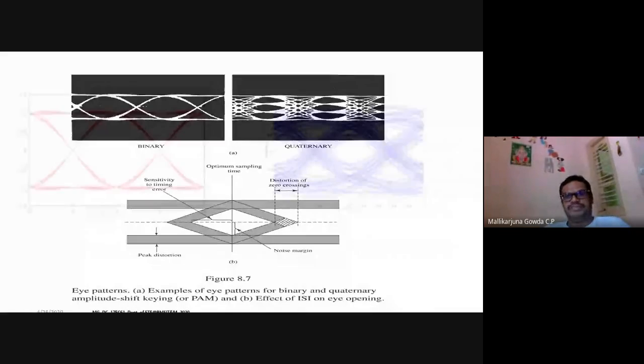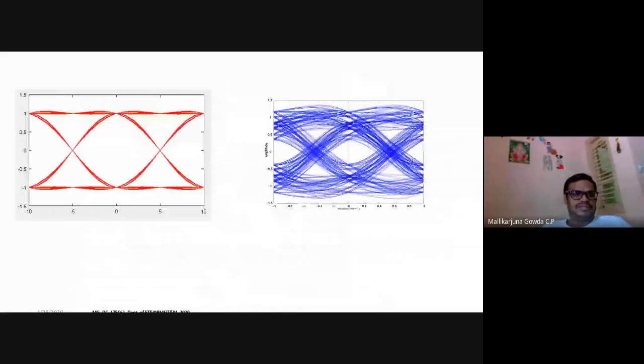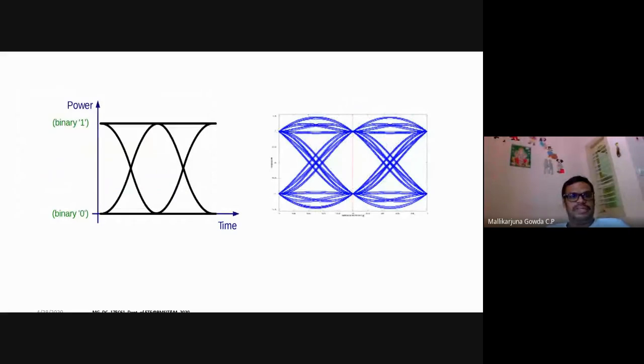I am showing different diagrams, which are simulated outputs. So this is one. I hope this shape is an eye shape. The MATLAB output, you can check in MATLAB also. This diagram is where I consider binary. Binary 1 is represented with this one, right?